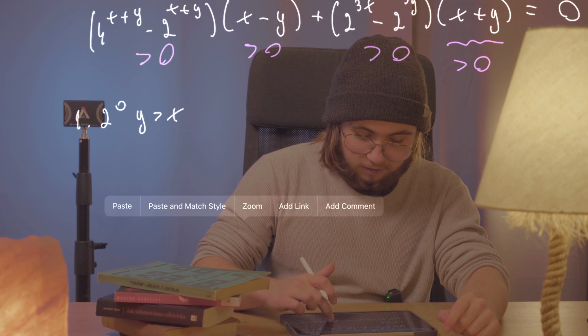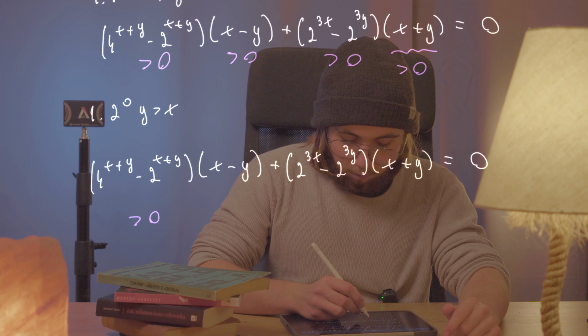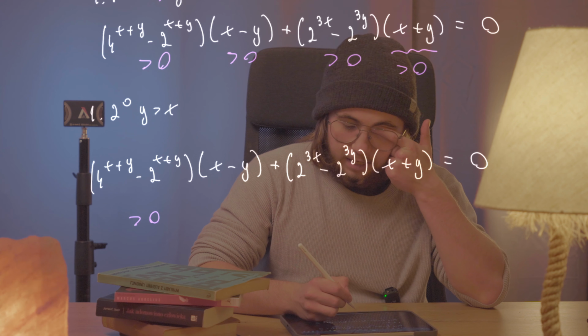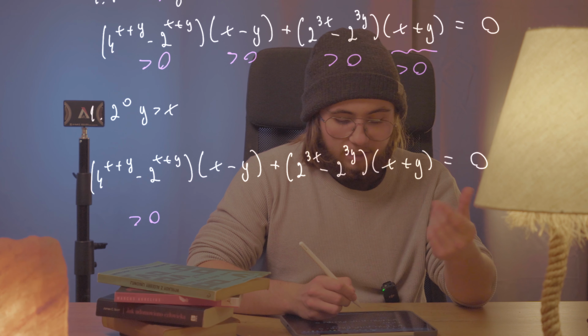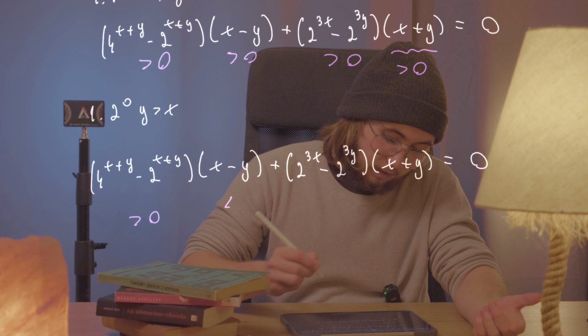Okay, so let me paste the stuff from the above right here once again, and now what we get. Well, this thing right here is always going to be positive. Now, x minus y is going to be negative, because, well, x is less than y, so that stuff right there is going to be negative.